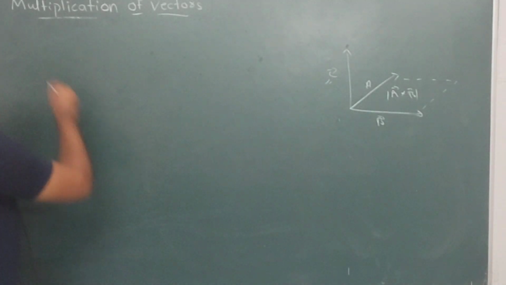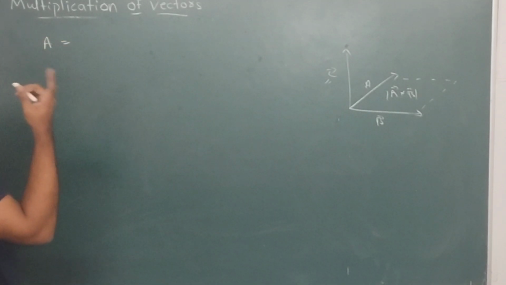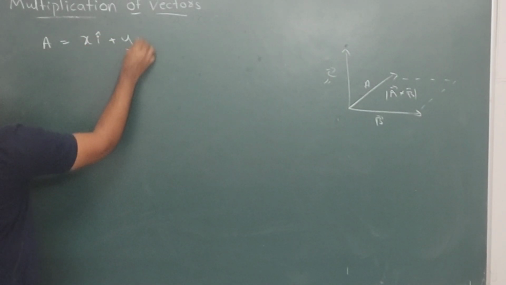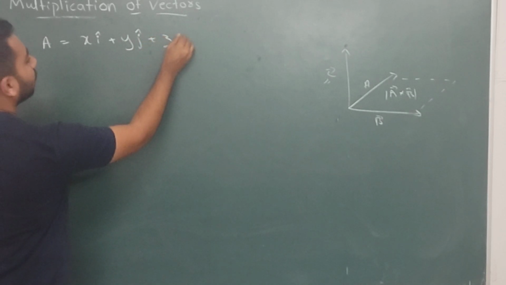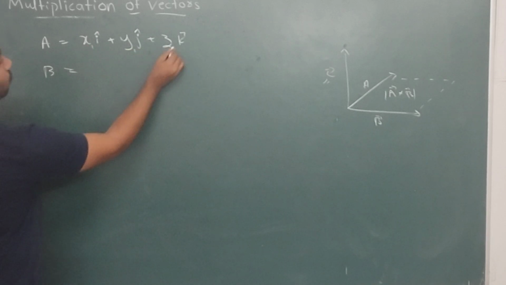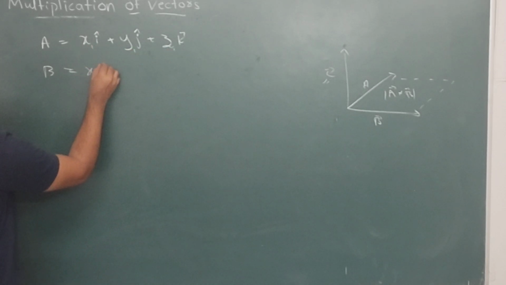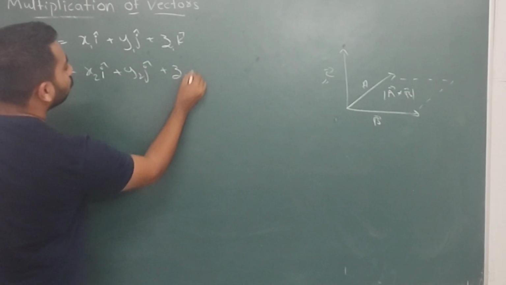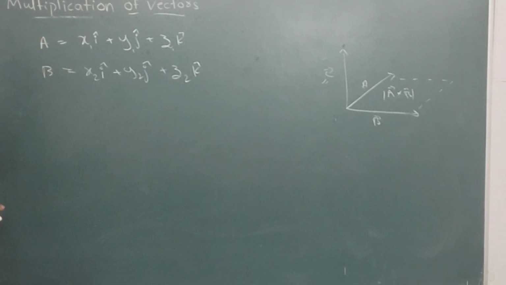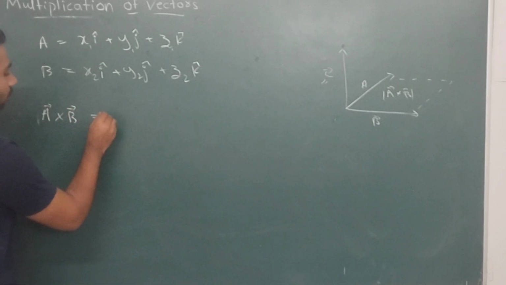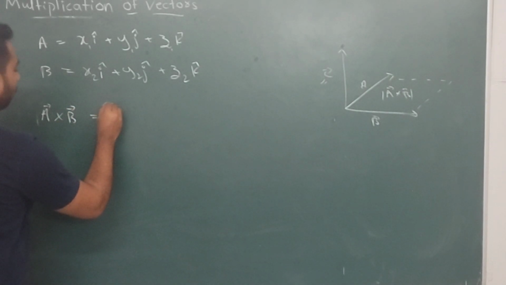Now let us take one vector A equals x1 i plus y1 j plus z1 k, and B vector equals x2 i plus y2 j plus z2 k. If you want the cross product, just do one thing, very simple: use the determinant or matrix method.